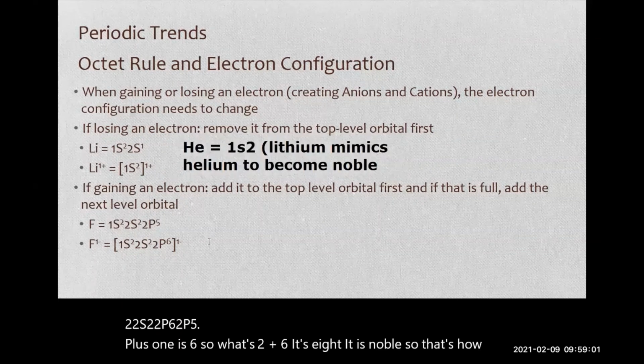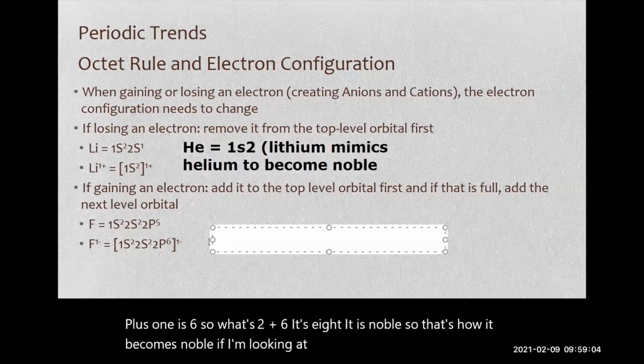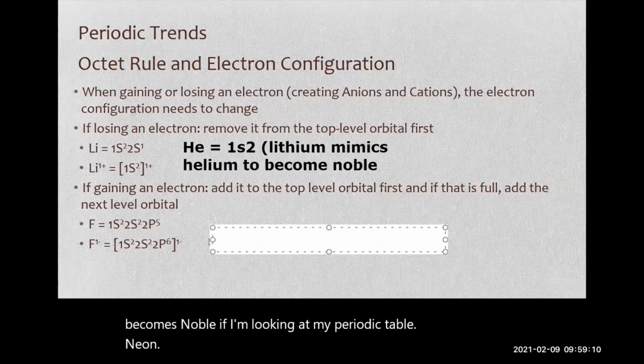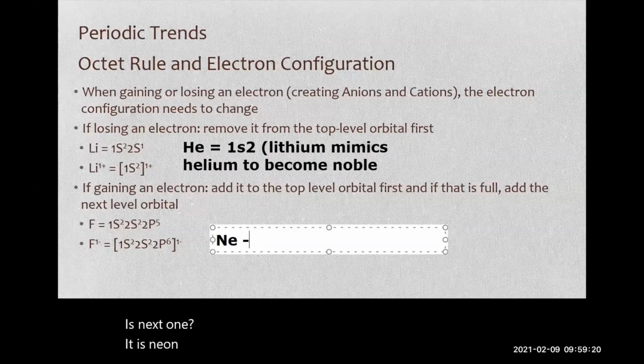If I'm looking at my periodic table, neon is the next one, and its electron configuration is 1s2, 2s2, 2p6.